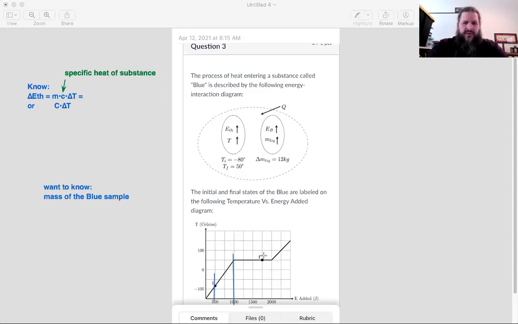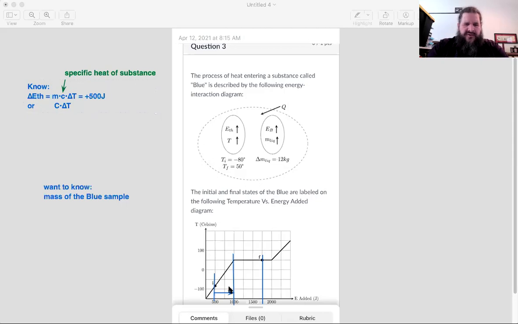And then eventually we're also going to this final state here. So from initial to the phase change temperature, it looks like that's how much energy. Yeah, we know that that is an increase of 500 joules.